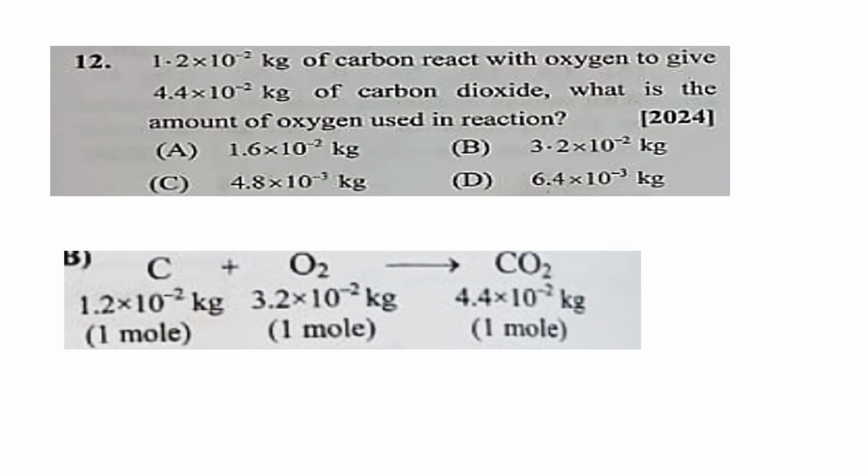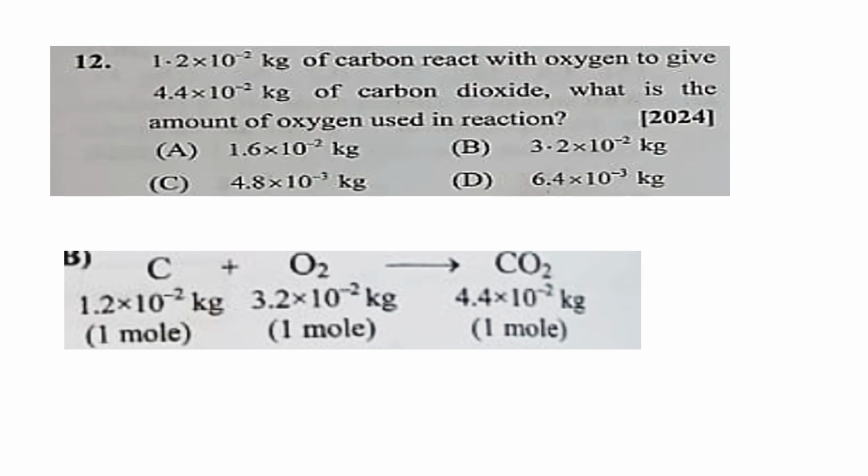Question number 12. 1.2 into 10 raised to minus 2 kg of carbon reacts with oxygen to give 4.4 into 10 raised to minus 2 kg of carbon dioxide. What is the amount of oxygen used in the reaction? Here the value of carbon is given, how much carbon reacts with how much oxygen is asked, and the value of the product, that is carbon dioxide, is given.